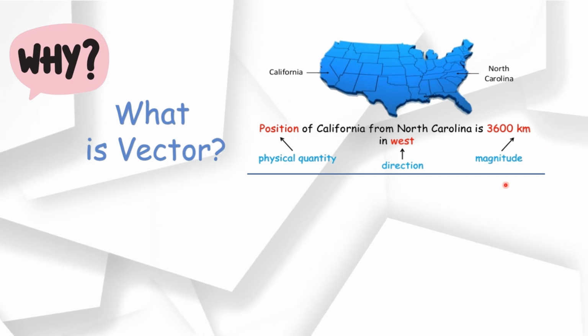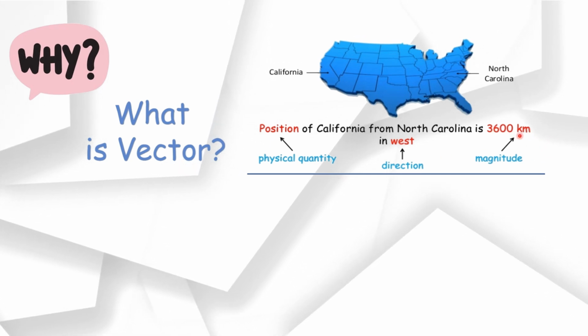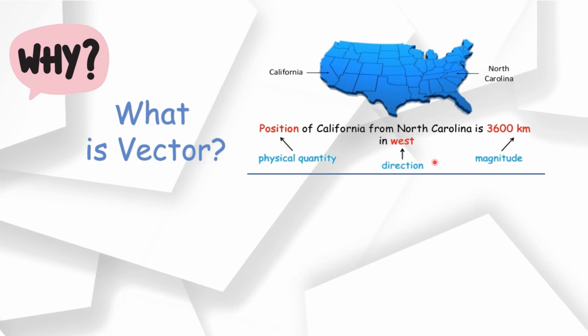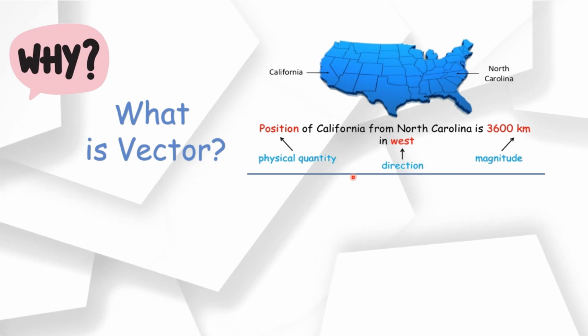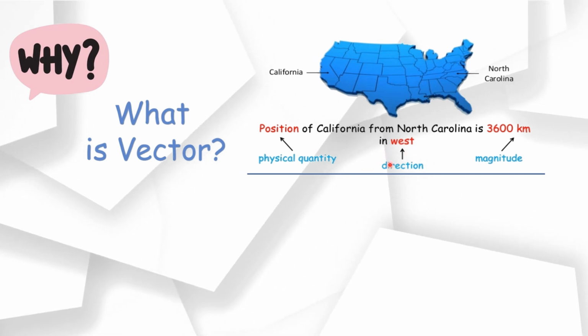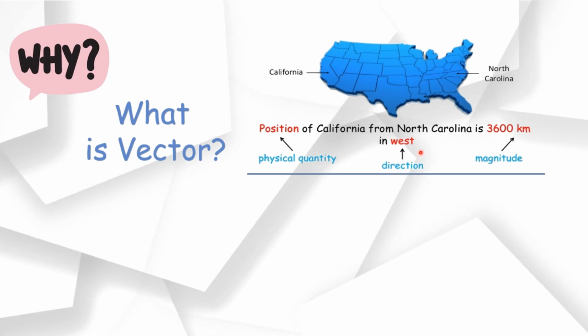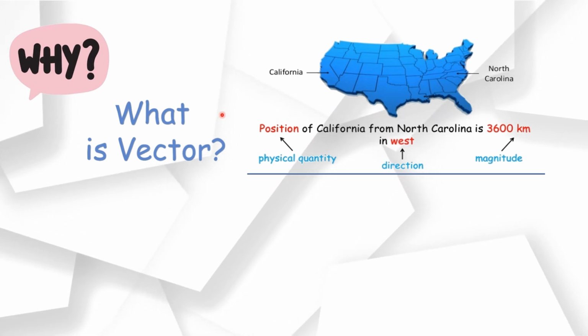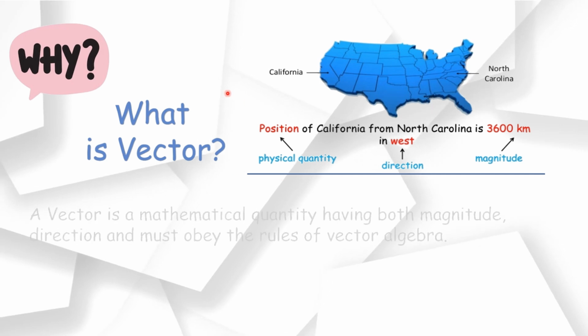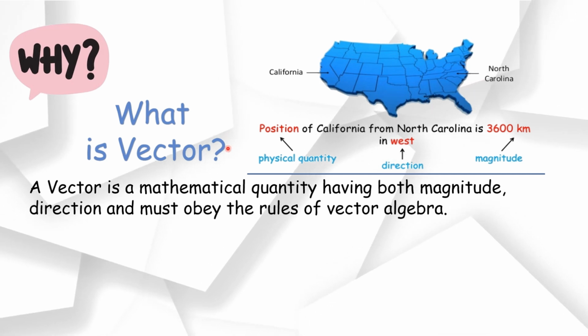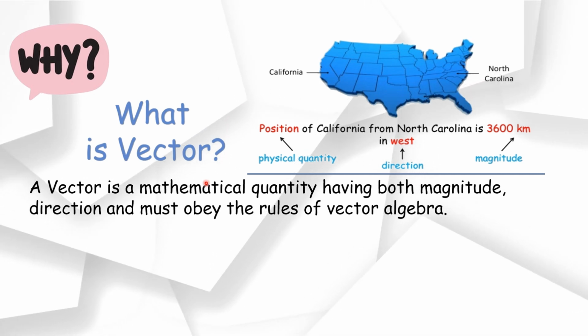So, position is a physical quantity, 3600 kilometer is a magnitude having a number along with the unit, and west is a direction. So if some physical quantity has both magnitude as well as direction, then that physical quantity is known as vector.